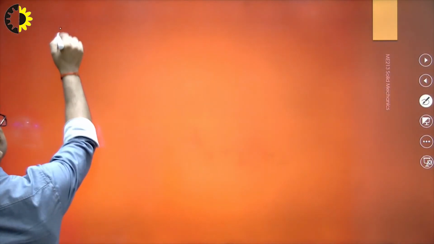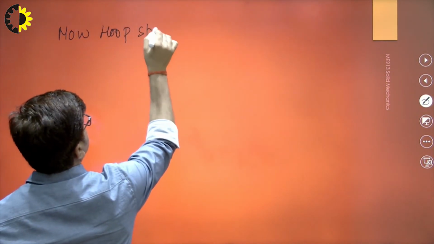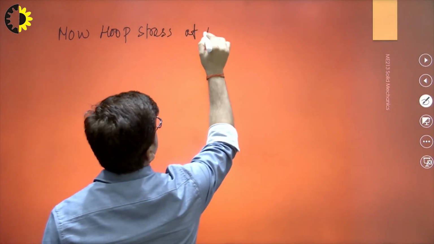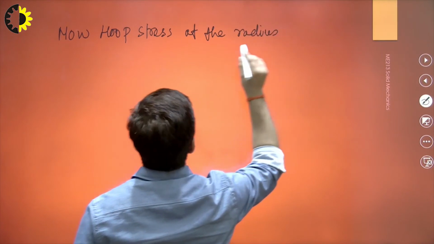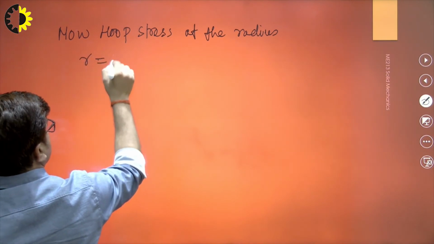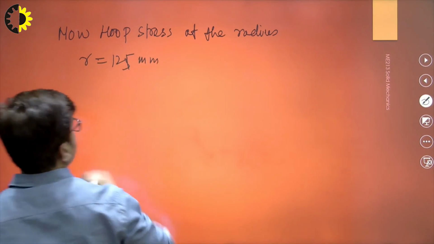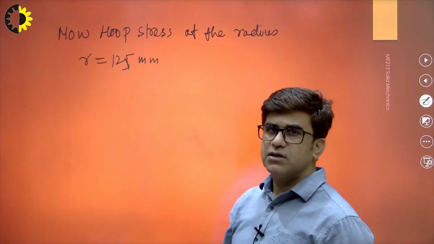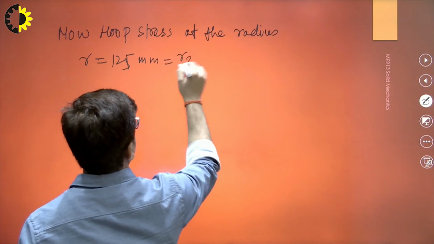Now hoop stress at the radius R equal to 125 mm. Okay, 125 mm, and this is nothing but the junction radius equal to R3.